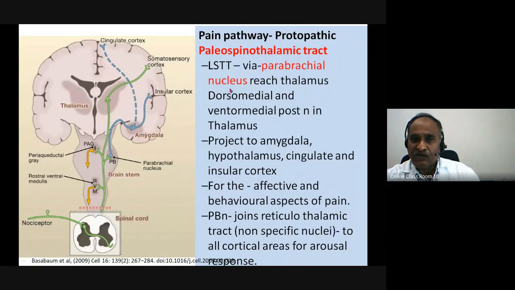So the parabrachial nucleus, of course, is connected with other components of the brain areas.